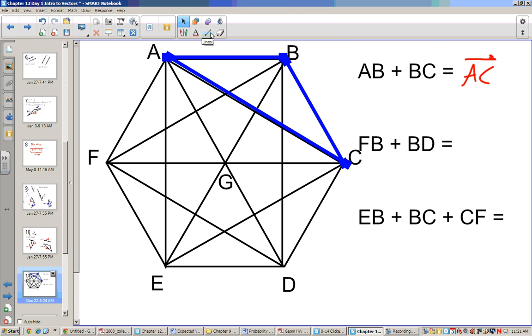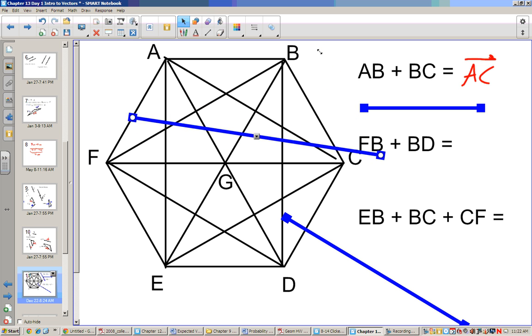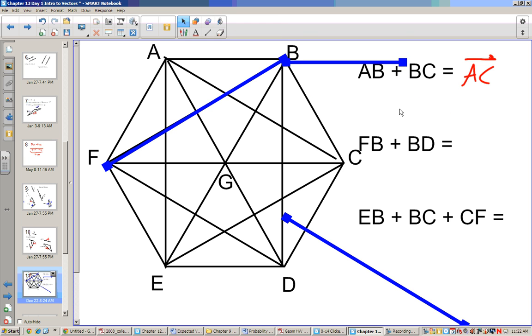Now if we look at FB, here maybe I'll erase the blue ones, not the other ones. So if we have FB and DB, or BD, like this. So FB plus BD, that's going to be FD.